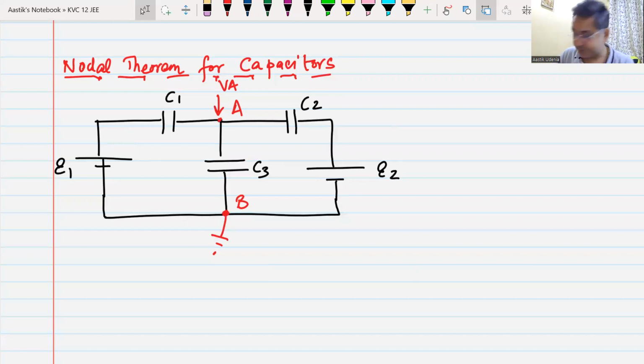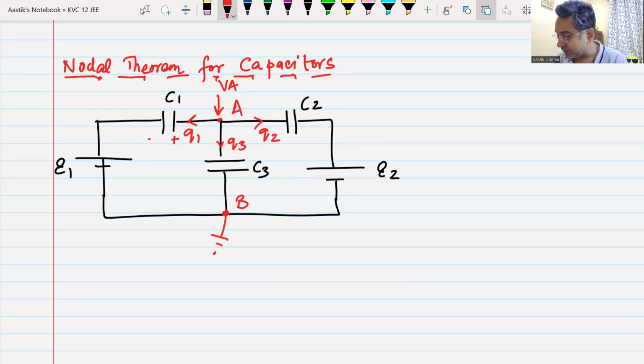Okay, so you could not do it, that's not good, but still life has to move on. So I will assume that there is a charge Q1 which is moving like this, a charge Q2 which has moved like this, and a charge Q3 which goes in this branch. So this will get positive, this will get negative, this will get positive, this will get negative, this will get positive, this will get negative.